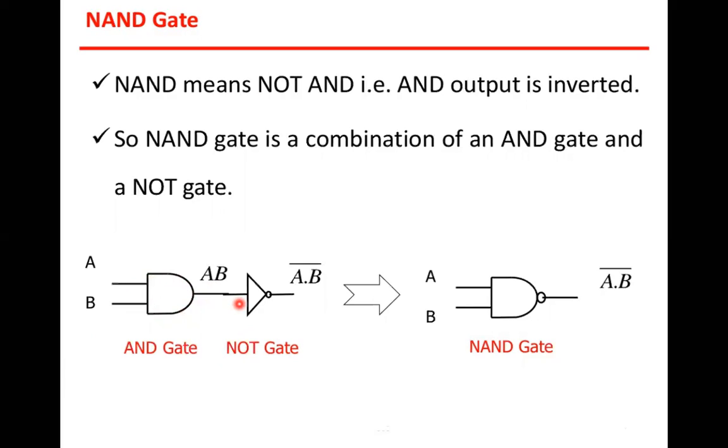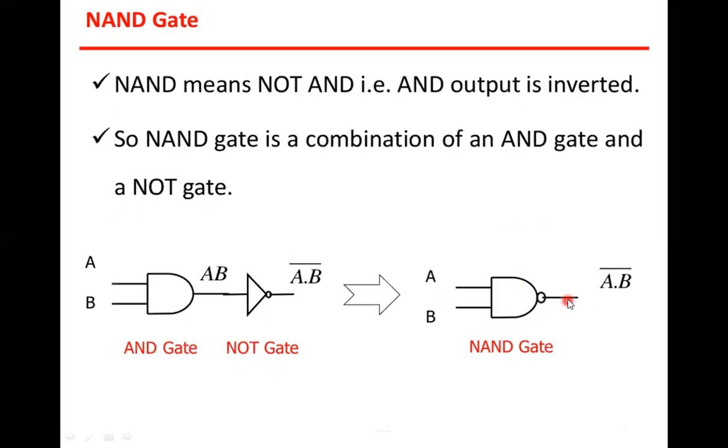So what is the output of an AND gate? A dot B. Now this A dot B is given as an input to a NOT gate. So what is the ultimate output? The ultimate output is A dot B whole bar. Got it? So this is a symbolic representation of a NAND gate.